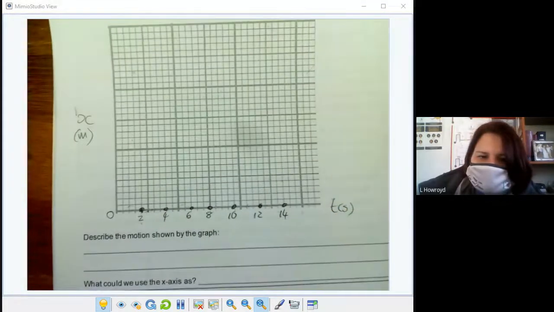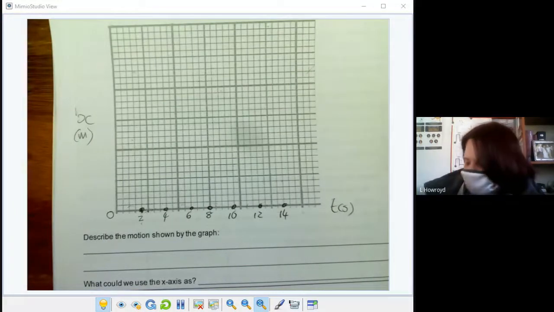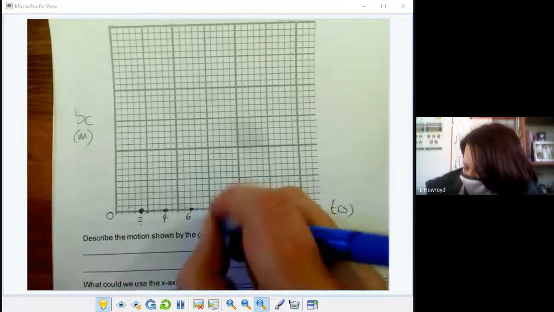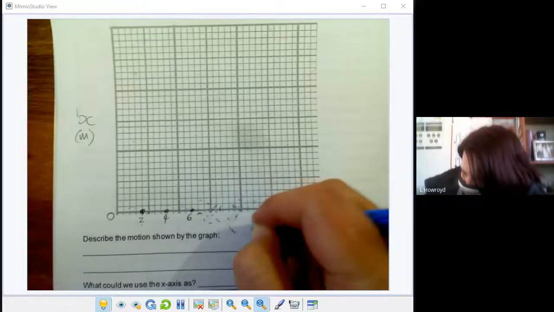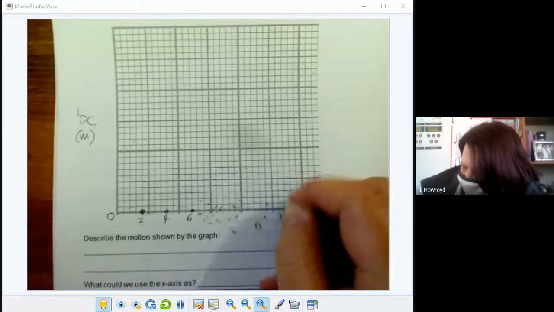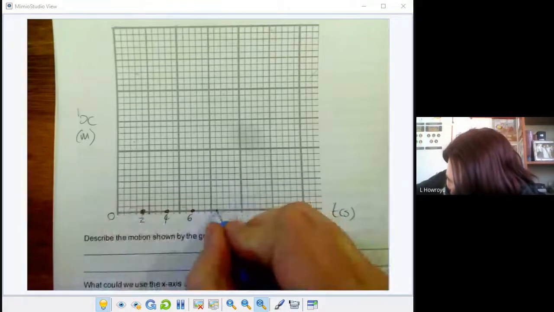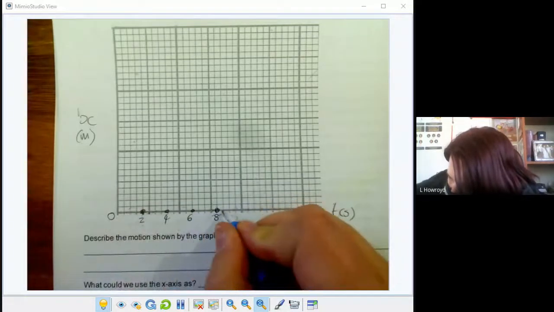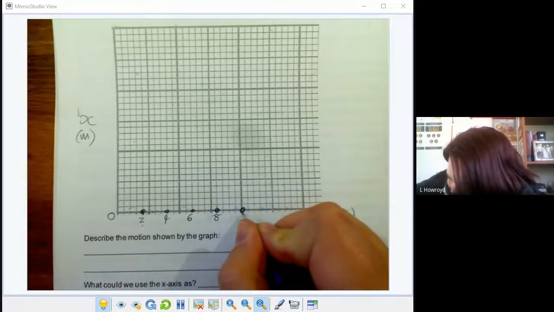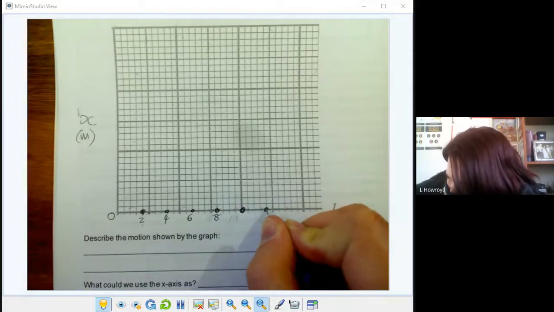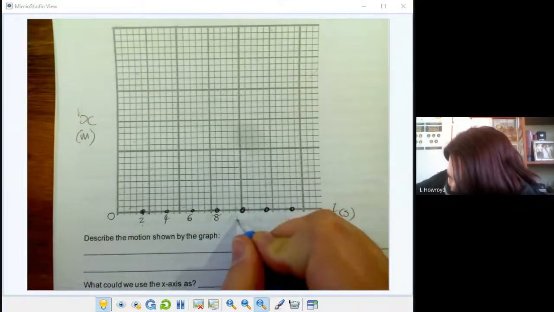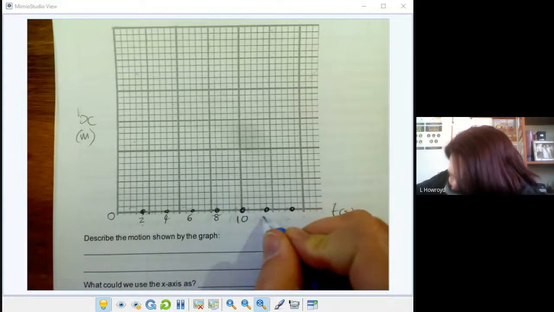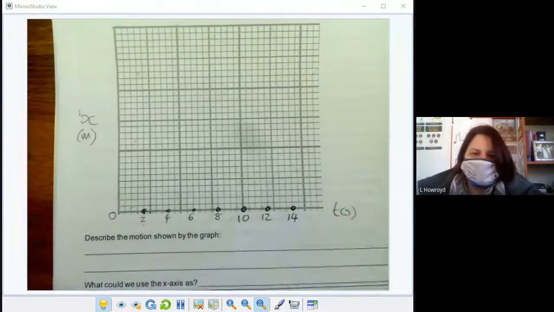Oh, look what I did between my 6 and my 8. I think because I'm at an angle here. There we go. 1, 2, 3, 4. 1, 2, 3, 4. 1, 2, 3, 4. 10, 12, 14. Okay, everybody, okay.